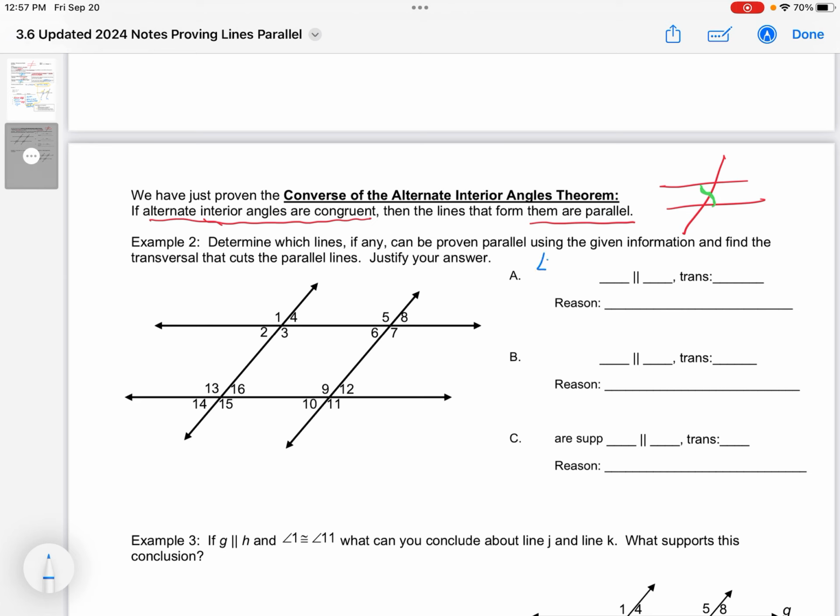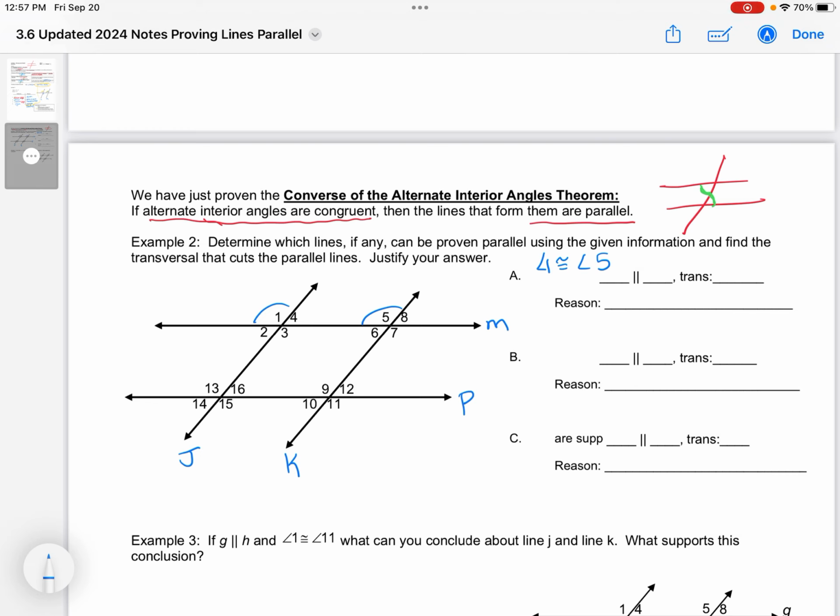Okay, so let's write angle 1 is congruent to angle 5. So find angle 1 and angle 5. Those are corresponding, and these also came off. I may have to redo this worksheet. So hopefully these letters will be on yours.